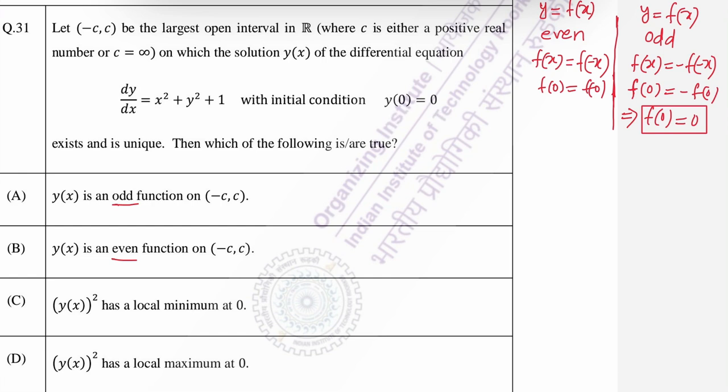Now we differentiate this function, and here this function. On differentiation, you have f'(x) equals -f'(-x), and on this side we have f'(x) equals f'(-x).